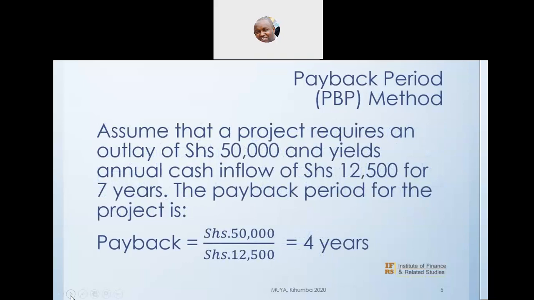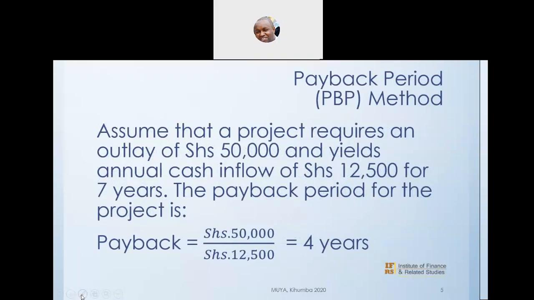Consider a project whose initial cost is shillings 50,000, and it is expected to give us cash flows of 12,500 over the next 7 years. What will be the payback period?